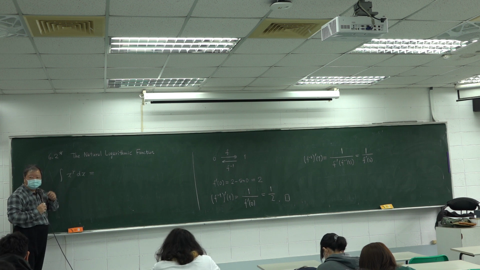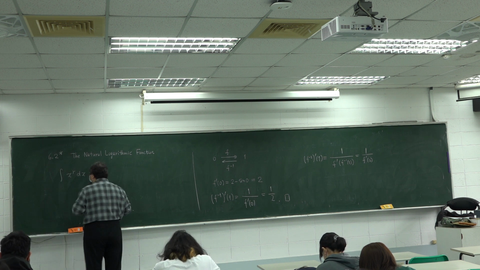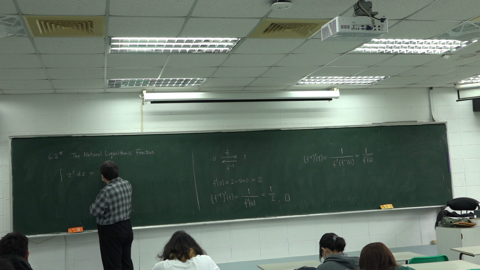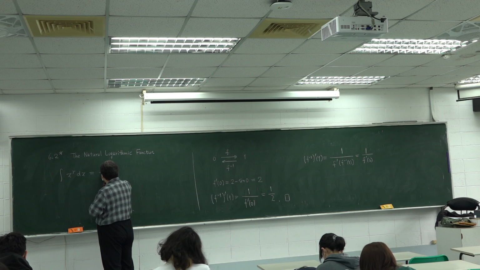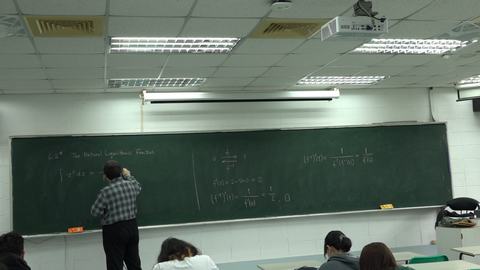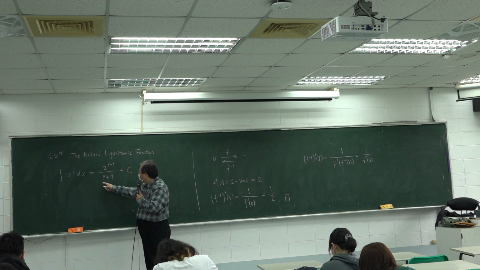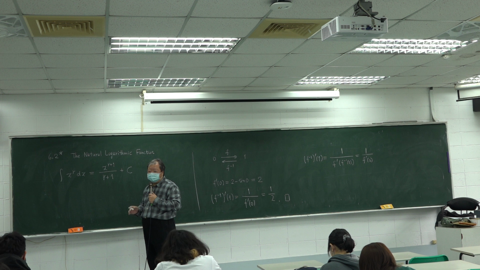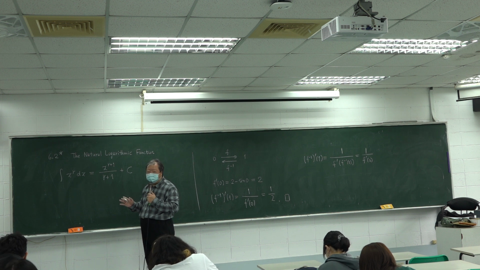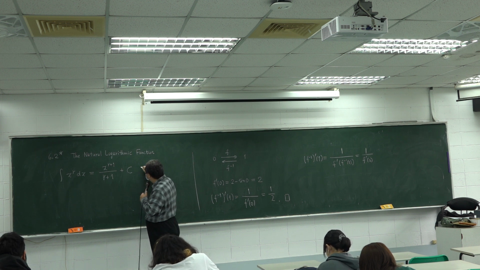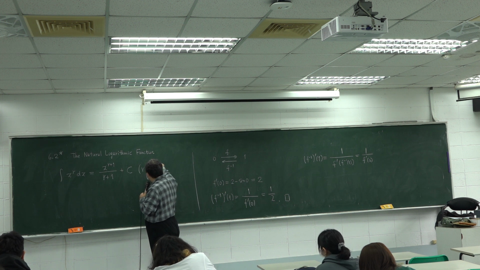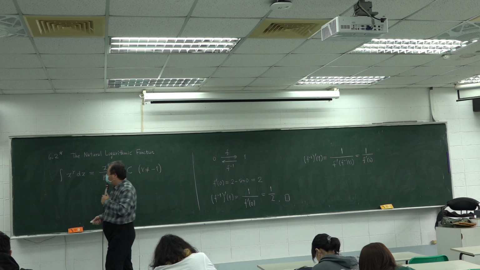We use the power rule, simply by adding 1 to its exponent and dividing by this exponent plus c. But you should know the denominator cannot be 0. This means that you can integrate this one.